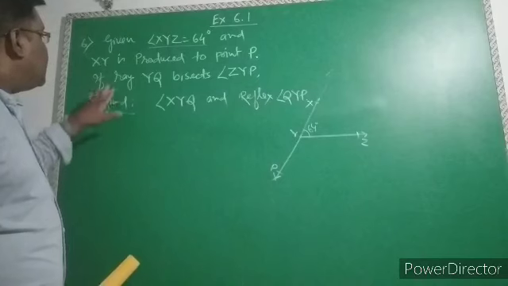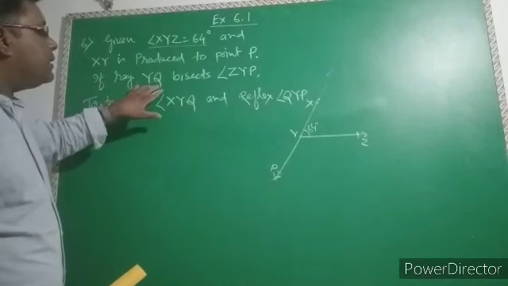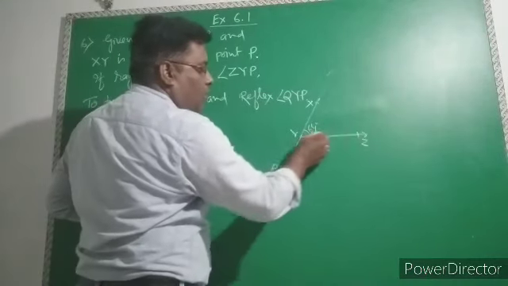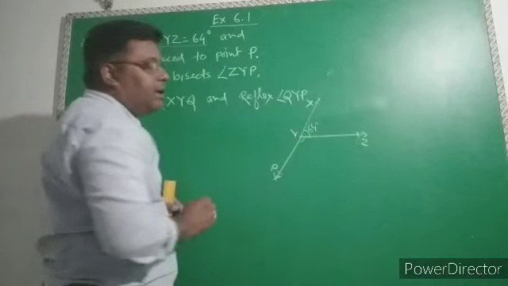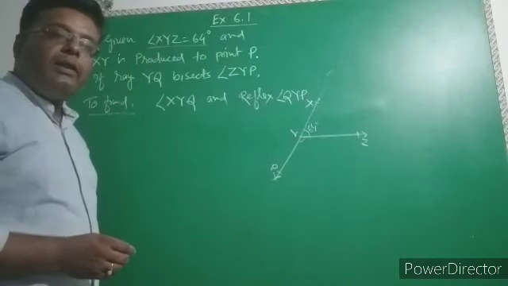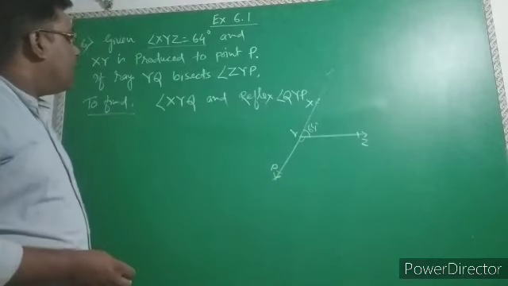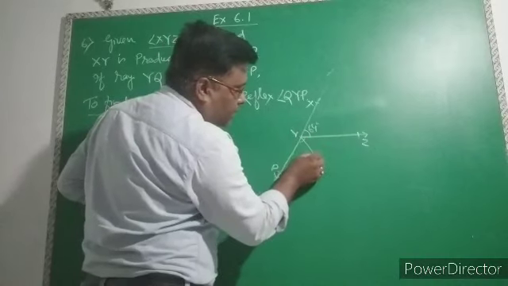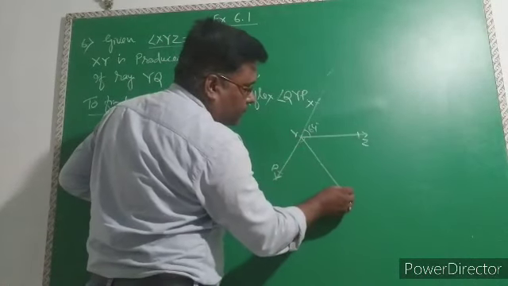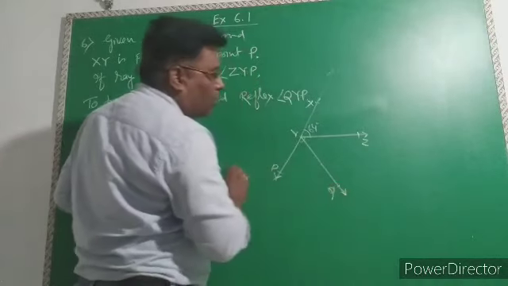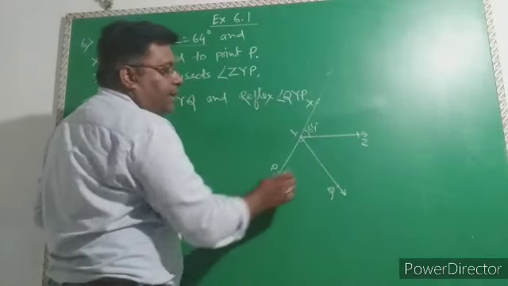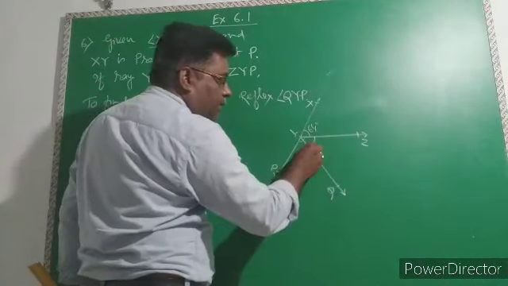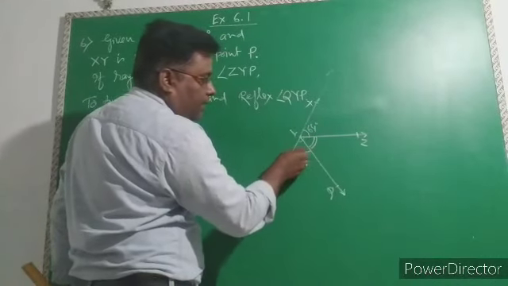And then it is given that a ray YQ bisects angle ZYP. Bisect means equally divides into two parts. So from Y there is a ray here, Q. This YQ bisects the angle ZYP. That means this angle and this angle are equal.